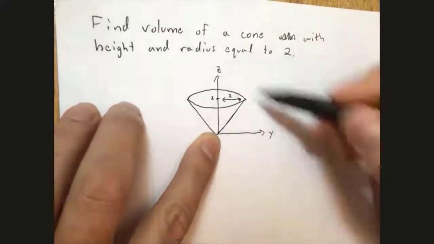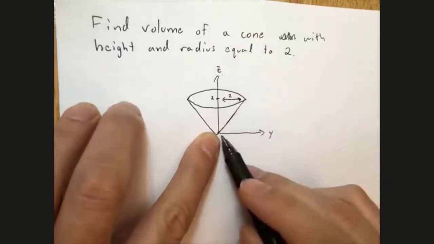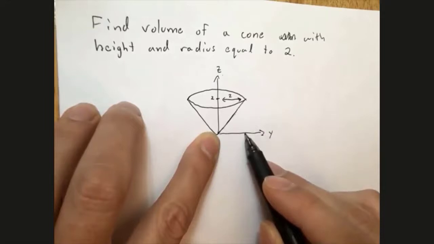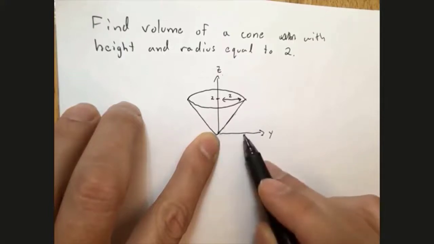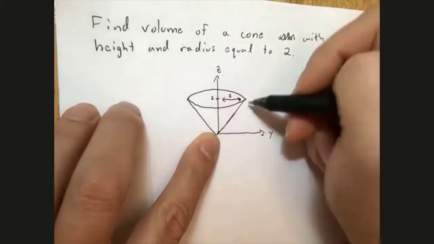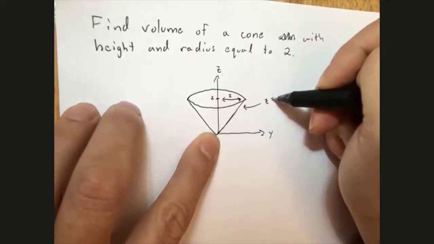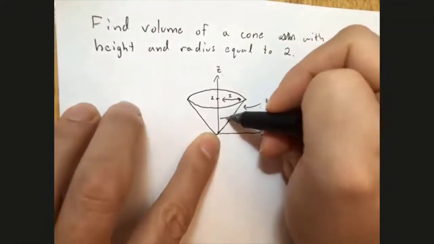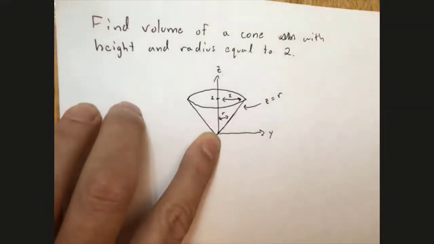But in this plane, y is the same as r here, because r is just the distance from the z-axis, and in this plane, so is y. So you can see that this line here is really given by z equals r. The height of this line is the same as the distance that line is from the z-axis.